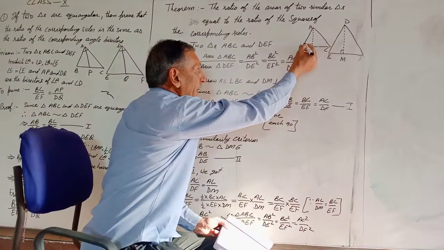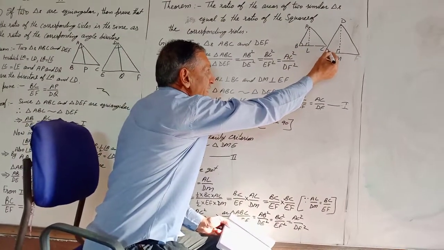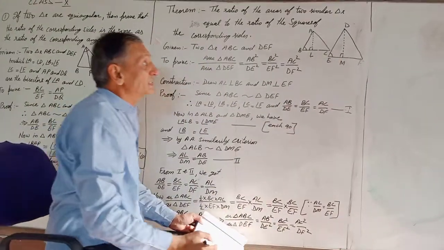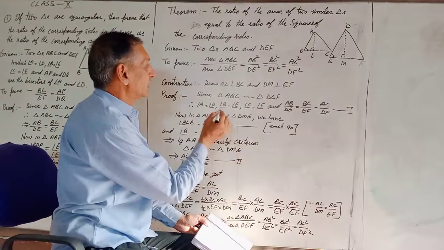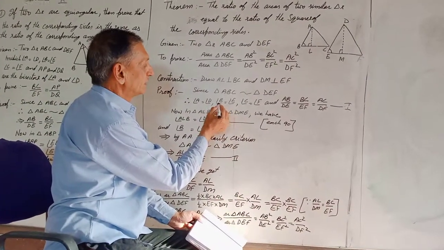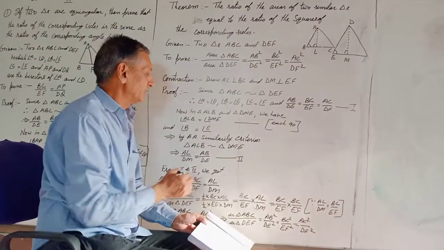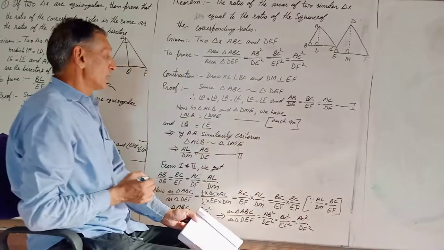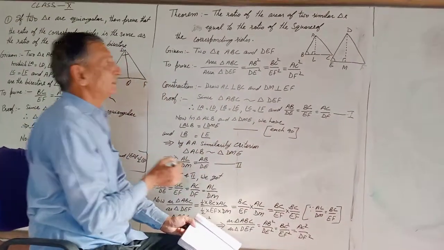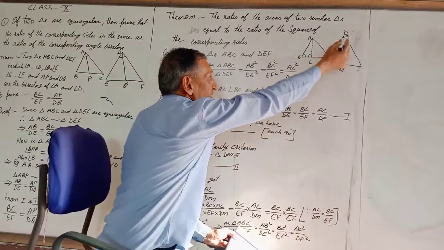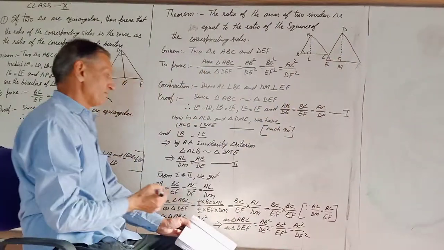And angle B is equal to angle E because these triangles are similar. We have already written that here. So by AA similarity criterion, triangle ALB is similar to triangle DME.